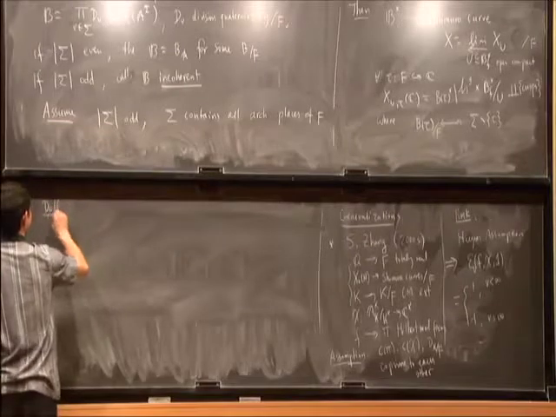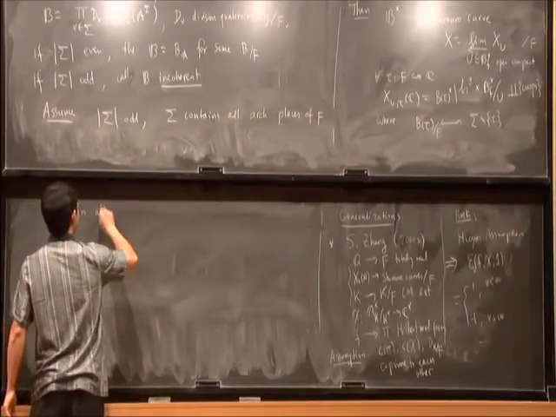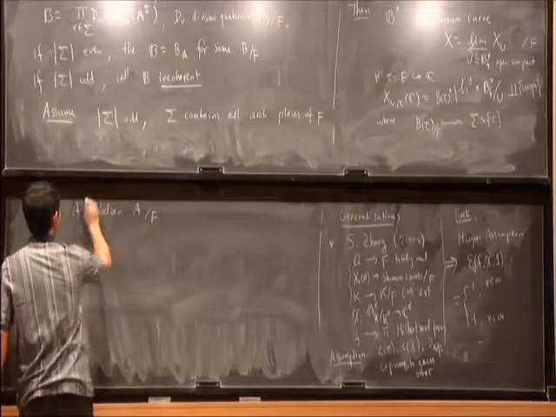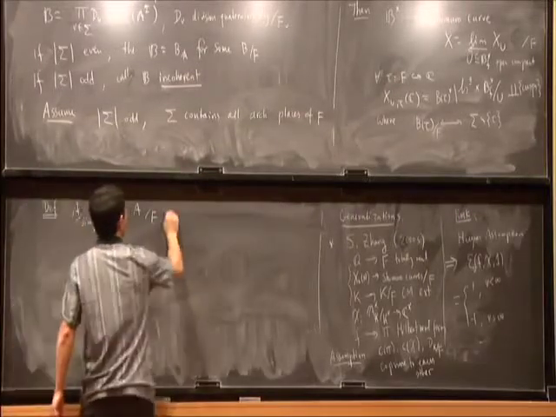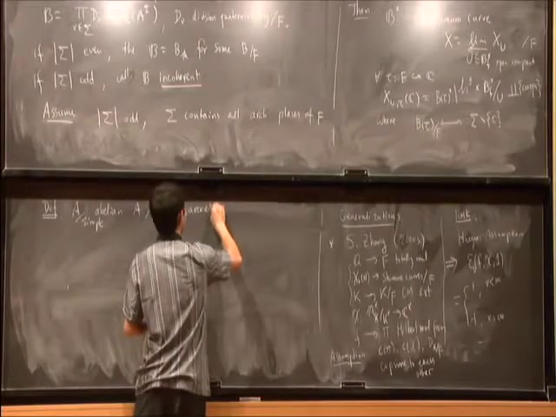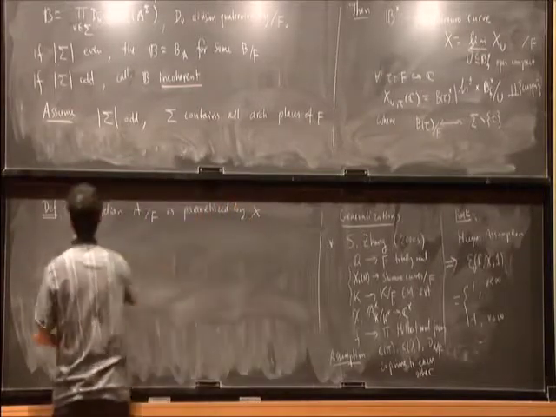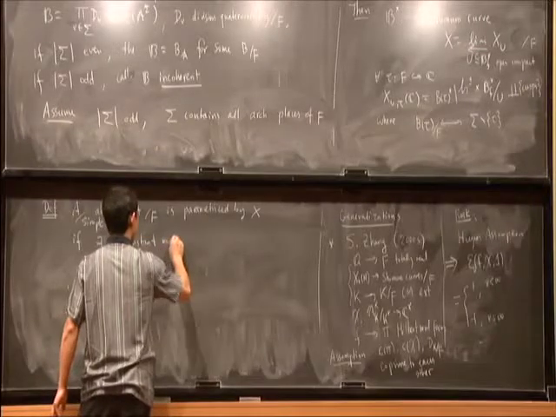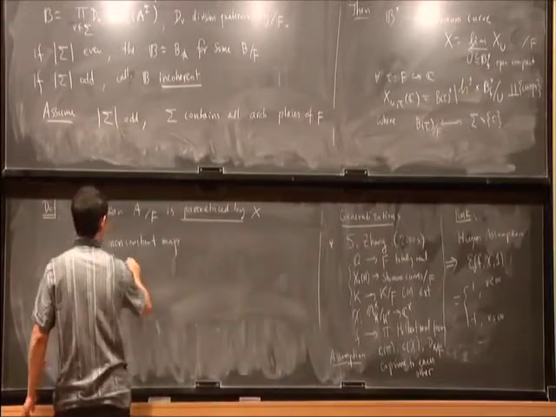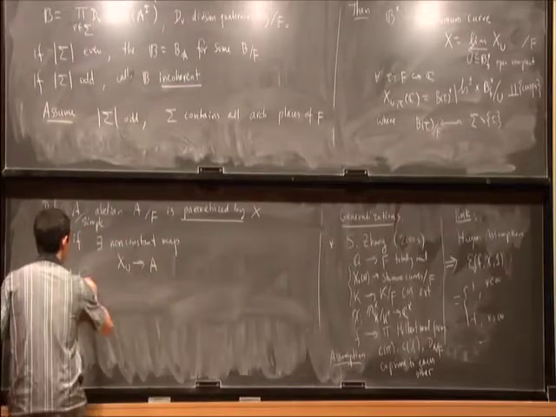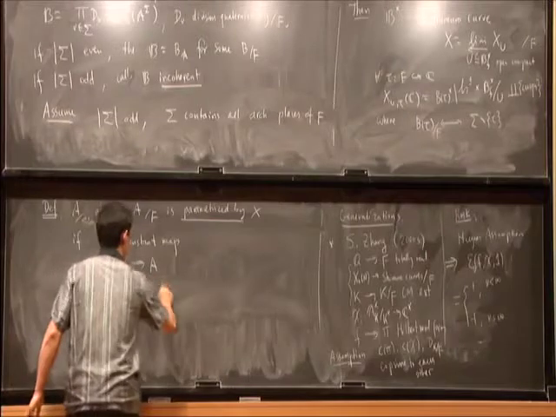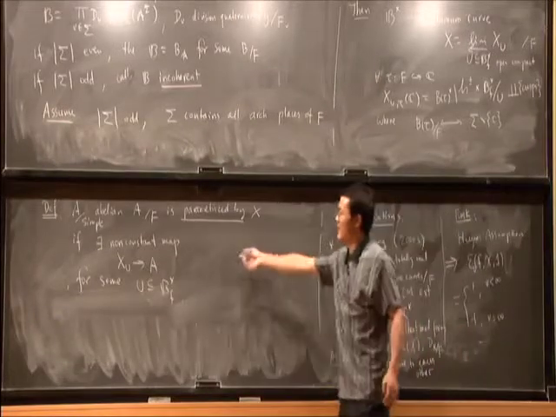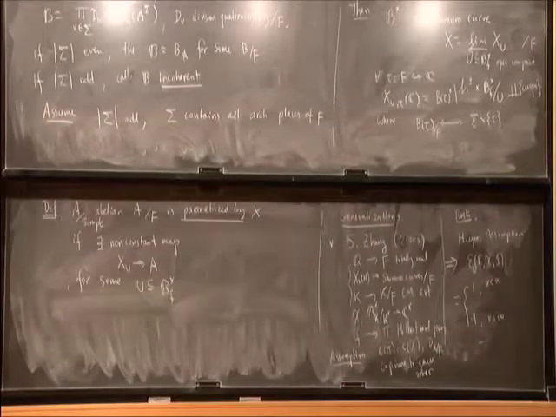Now we make a definition. A simple abelian variety A over F is parameterized by X if there exists a non-constant map X_U to A for some open compact subgroup U. So this definition is analogous to modularity parametrization.